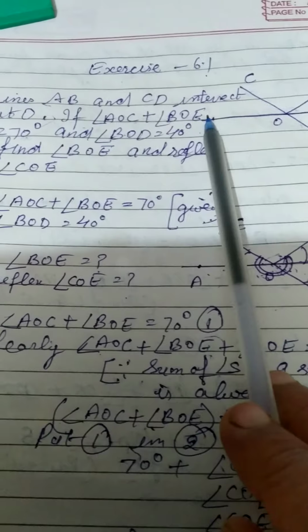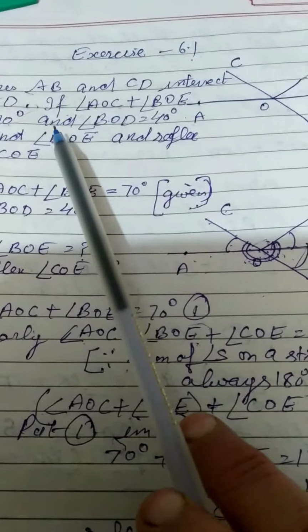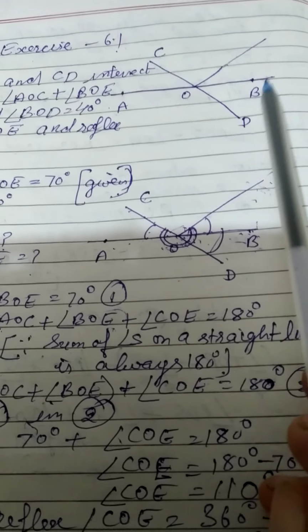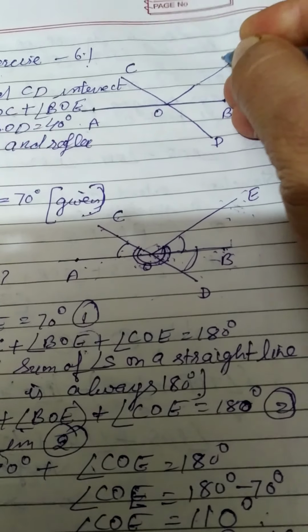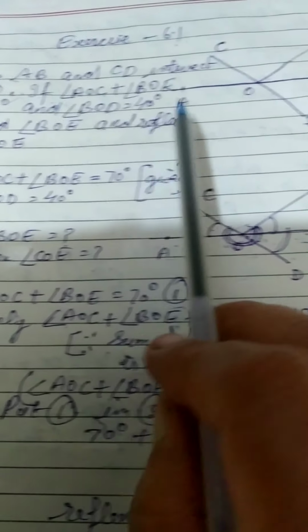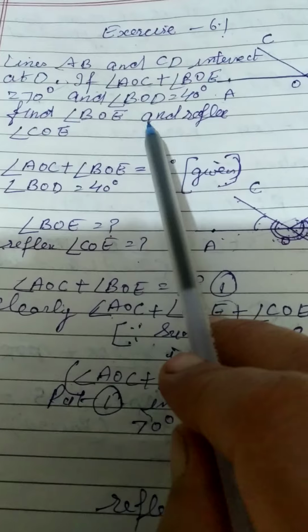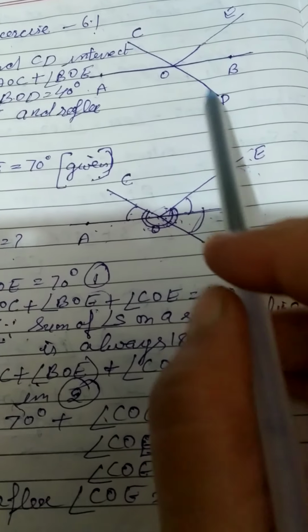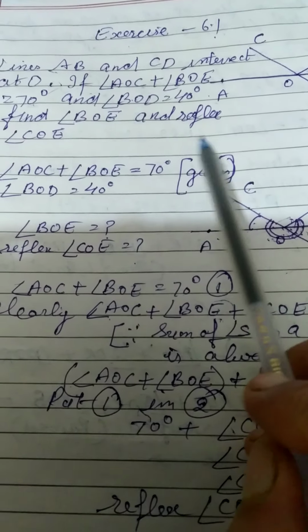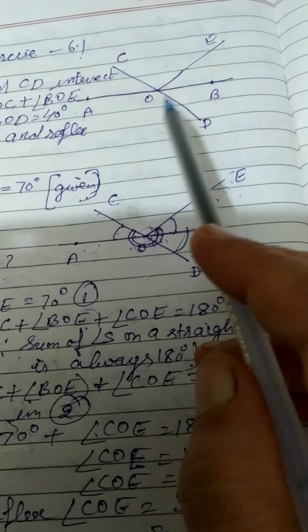Lines AB and CD intersect at O. If angle AOC plus angle BOE is equal to 70 degree, and angle BOD is 40, find angle BOE and reflex angle COE. We are to find angle BOE and reflex angle COE.